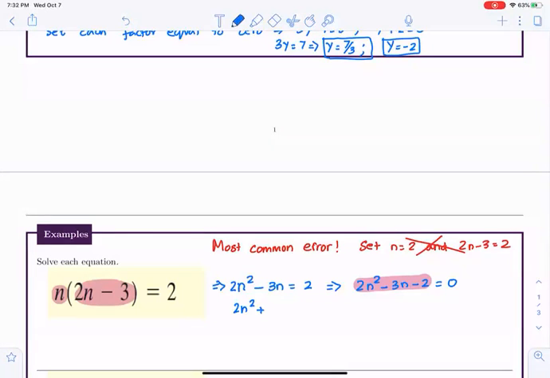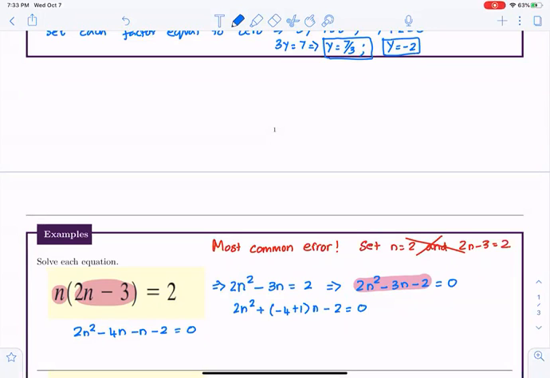So I could write that -3 as -4 plus 1 multiplied by n minus 2 equals 0, which would mean 2n squared minus 4n minus n minus 2 equals 0.